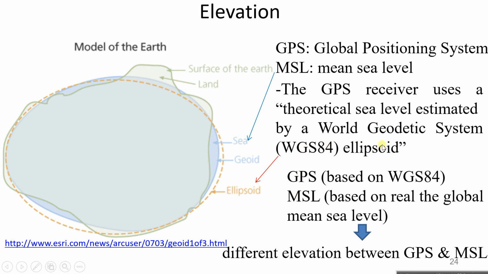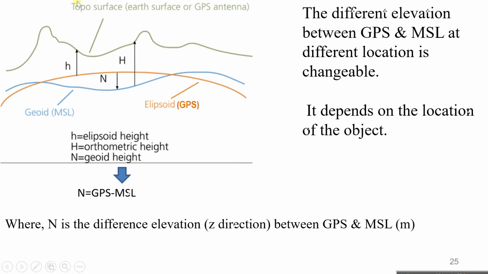But for GPS based on the World Geodetic System WGS84, we assume this is the theoretical sea level. Okay, and this is the meaning. This depends on the location of the object, and N is equal to the GPS height, which means the orange line minus the blue line.